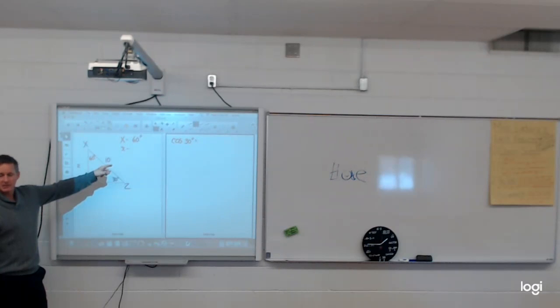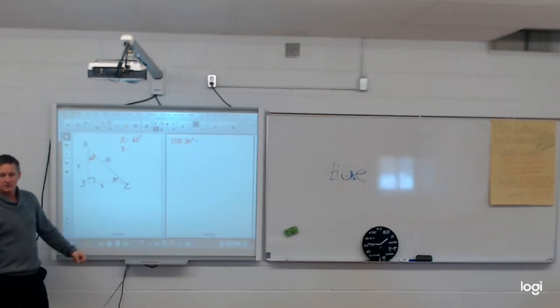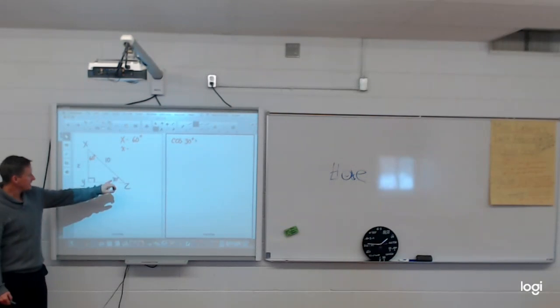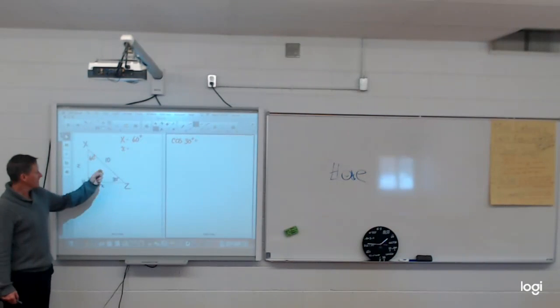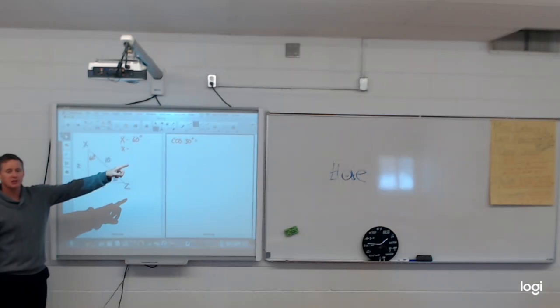So you have to decide, is it sine, cos, or tan that deals with adjacent and hypotenuse? In this situation, it's cos. In every situation, it's cos, because it's next to the angle. This side's across from it, therefore it's the opposite. Okay? So I've got cos 30.